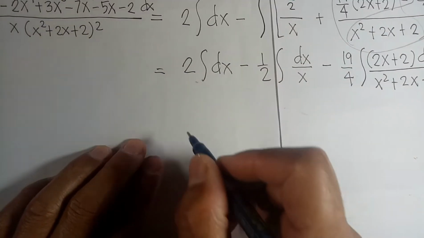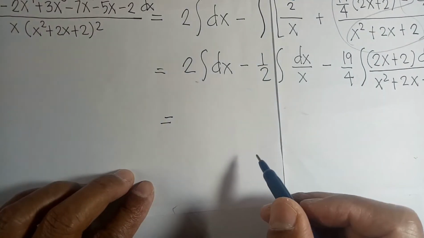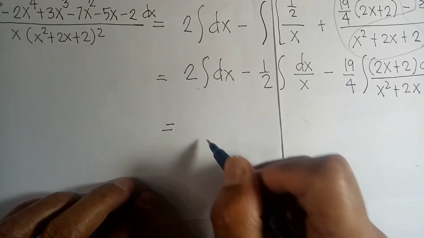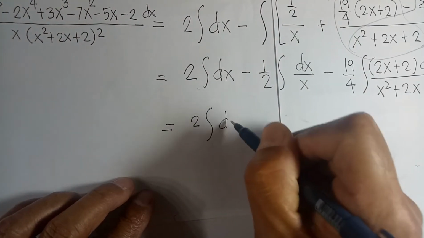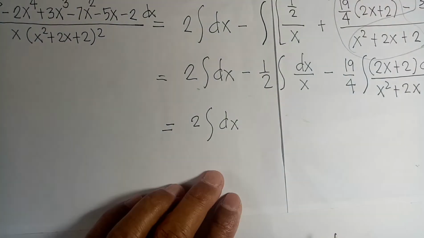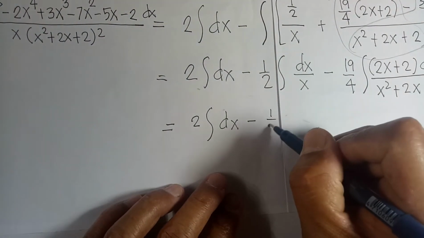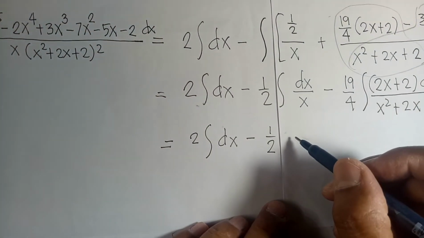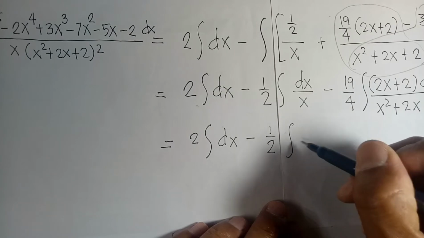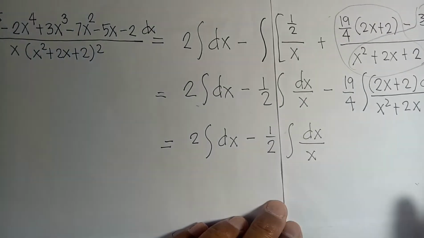So, meron tayong 2 integral of dx. And then minus 1/2 integral of dx over x.